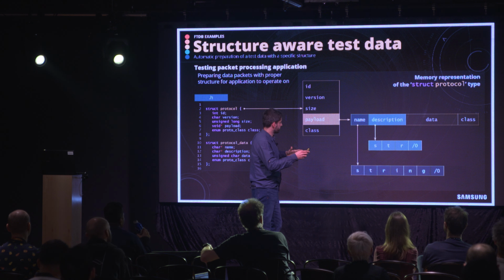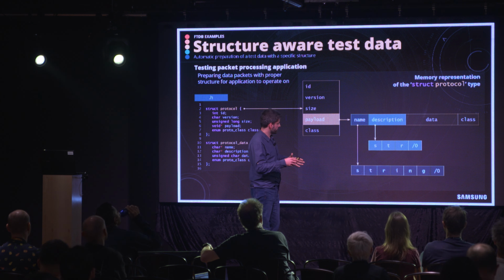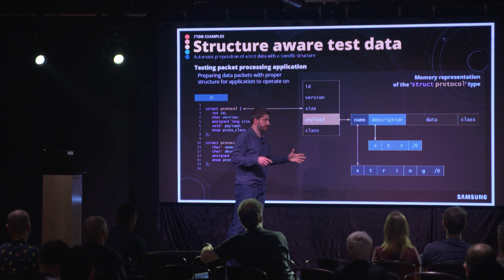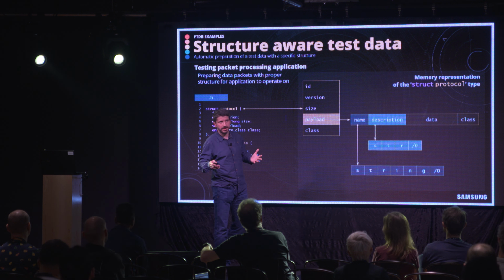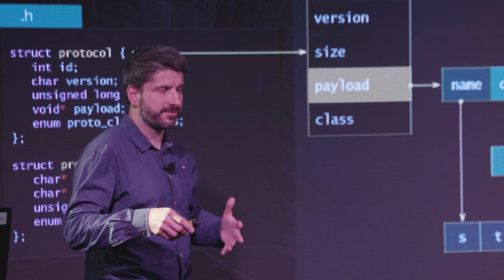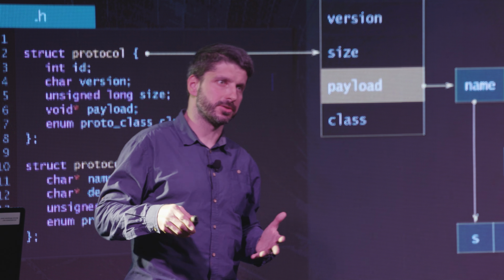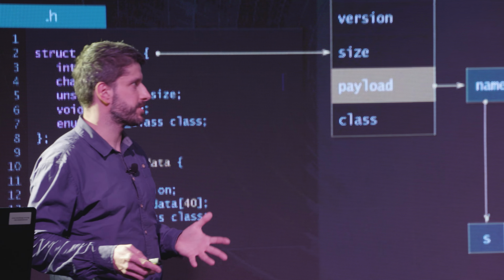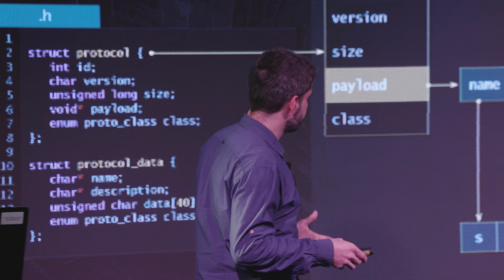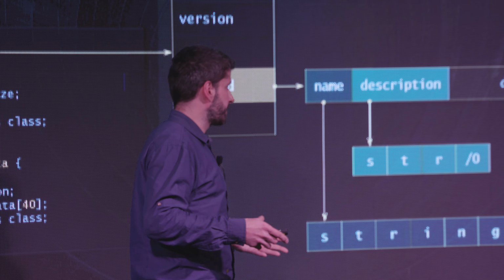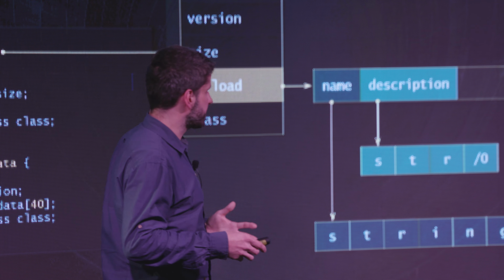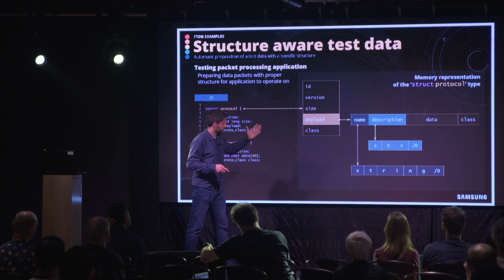You want to modify only the values, not the pointers, because otherwise, if you apply dynamic analysis tools like fuzzers, you would end up with a lot of crashes and issues, and most of them would be false positives, because the application would just crash on those invalid pointers. So you want to follow the structure.